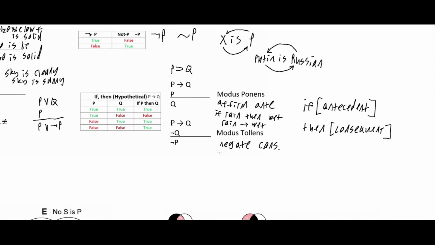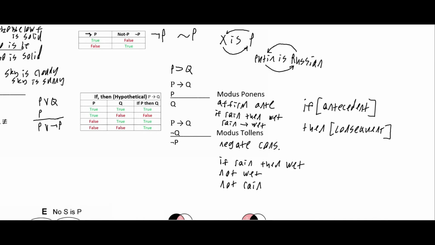That's saying, if P, then Q, not Q, therefore not P. If we use our rain example, if rain, then wet, not wet, therefore not raining. You look outside, you see it's not wet, you know that it's not raining.